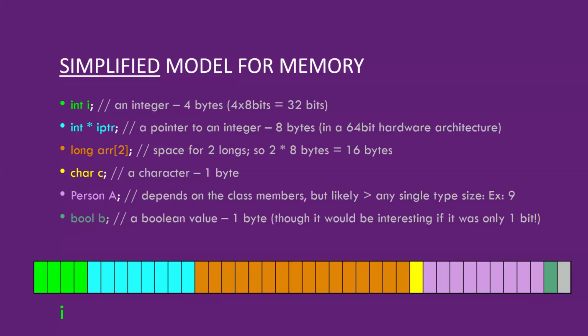And it also helps us remember that when we make an array, all we're getting is the beginning of the array. So here is an array with 2 positions in it, and each of those positions takes up about half of that space. So a long is comprised of 1, 2, 3, 4, 5, 6, 7, 8 bytes.